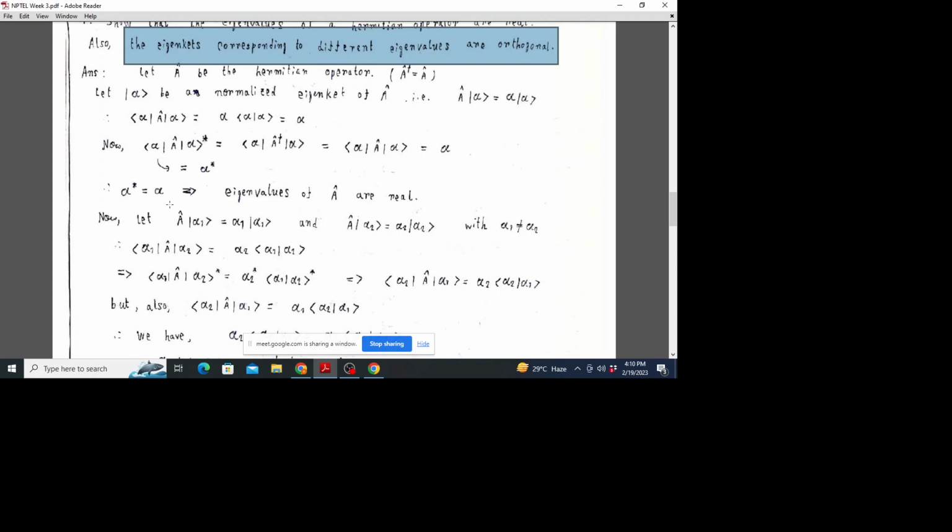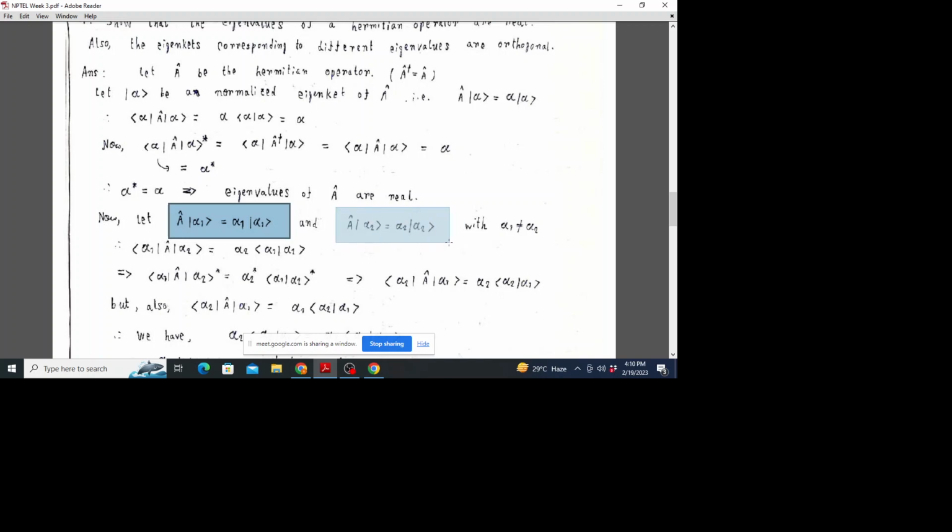Let us take two eigenstates with different eigenvalues. One eigenstate is |alpha 1>, and the other is |alpha 2> with eigenvalue alpha 2, and alpha 1 is not equal to alpha 2.